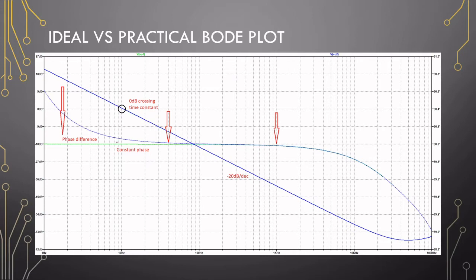You also want to keep the phase constant for the integrator, just like the differentiator. But there are some issues with this, and you need to add a bit of resistance in parallel to the capacitor, and that will add some phase here at the lower frequencies.